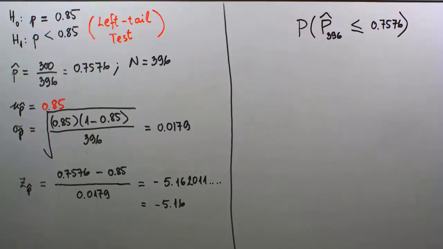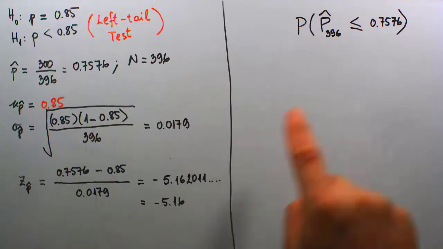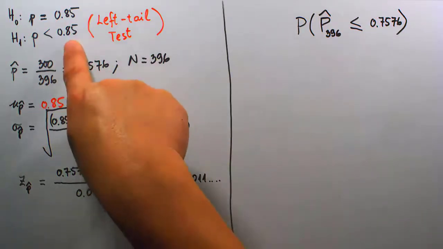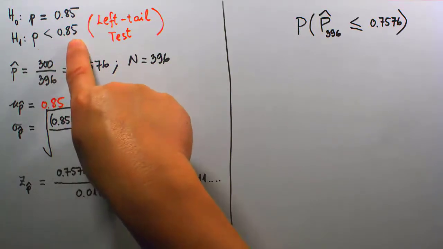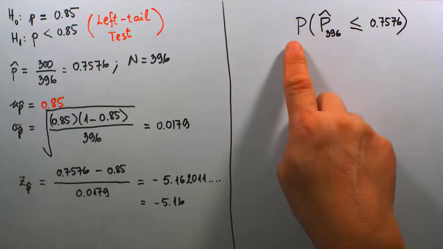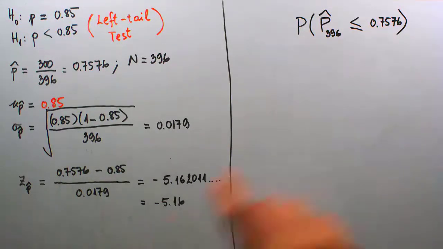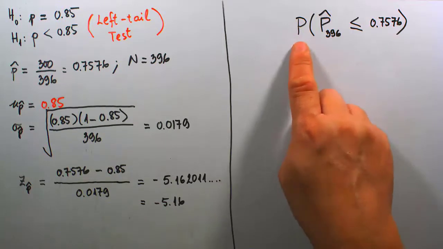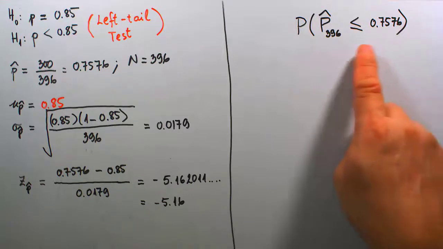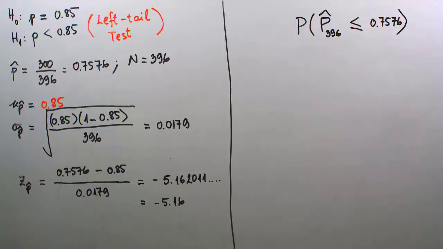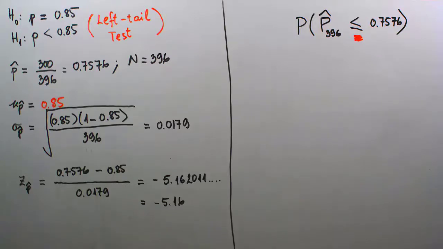And once again, another checkpoint for consistency. The alternative hypothesis here was having a statement p less than 0.85. And so in the way I'm setting up my symbolic statements to calculate my p-value, in this probability problem I'm using the left side inequality, the inequality that points to the left side.